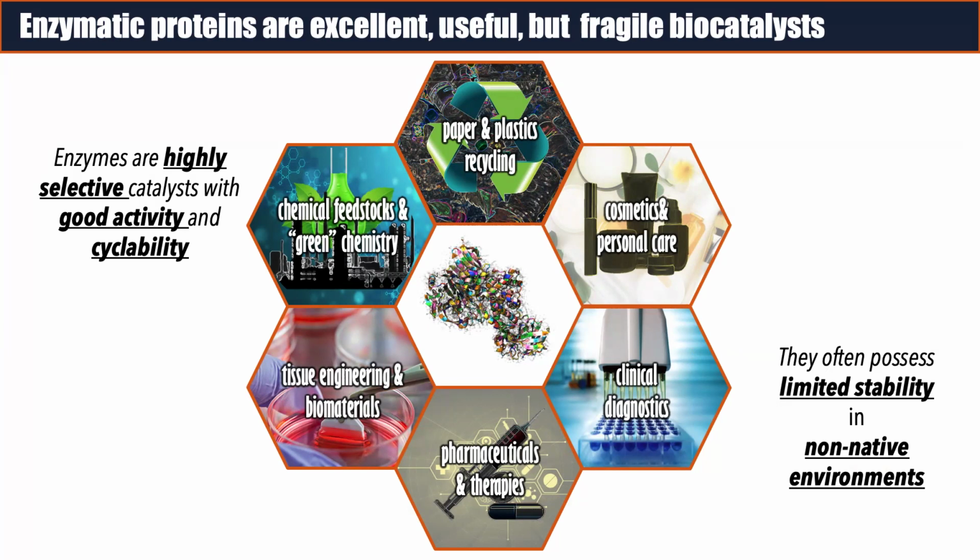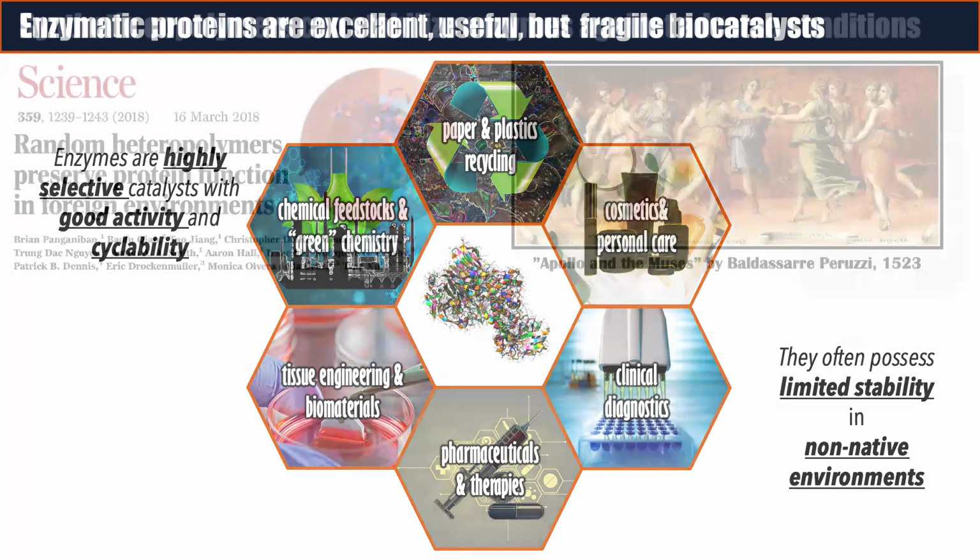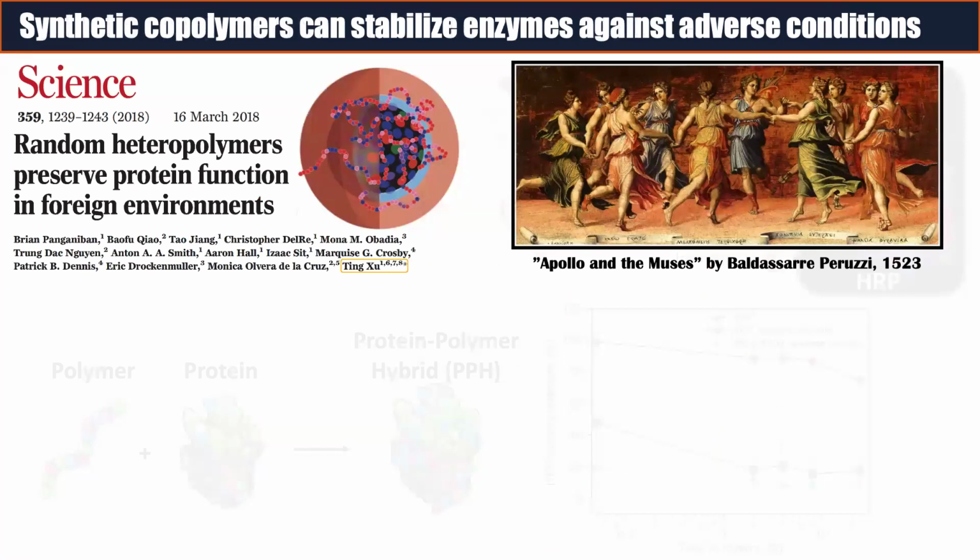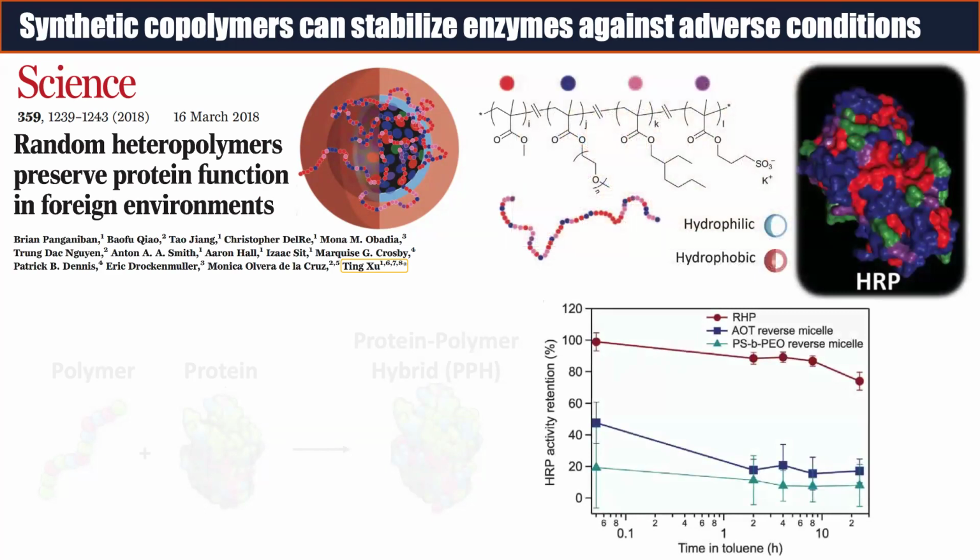But the crux of the problem in certain circumstances is that they may not work, right? If they're evolved to work in some scenario and we want to expose them to some sort of harsh set of conditions, they may fail. They don't work. So we want to improve that. One of the strategies, exemplified in this Science work from Ting Xu's group, showed that you could use random synthetic heteropolymers of some set of composition that in some way interact with enzymes.